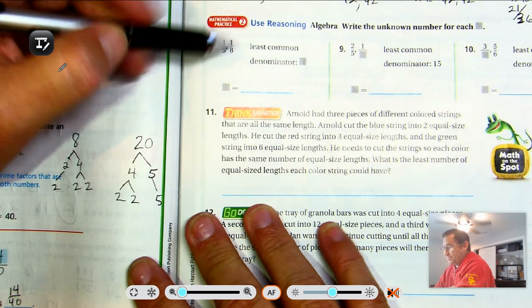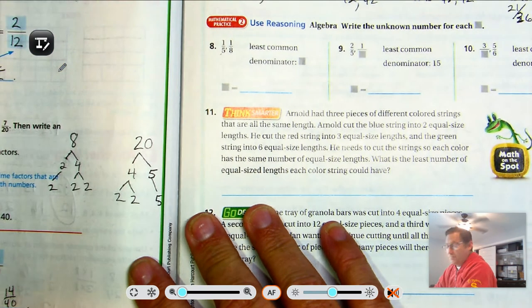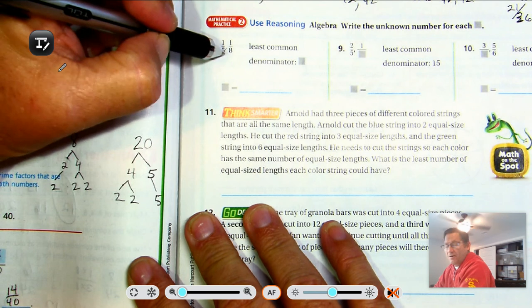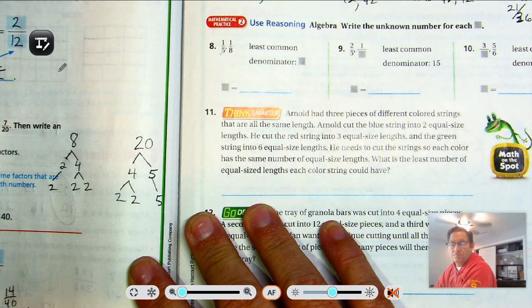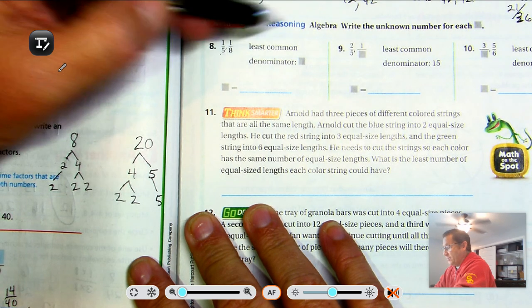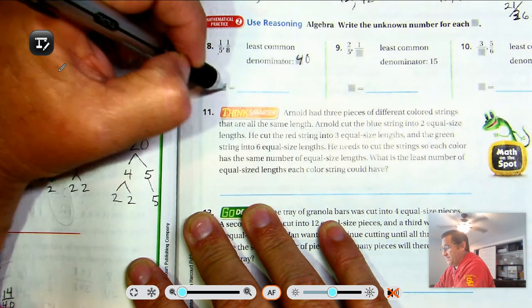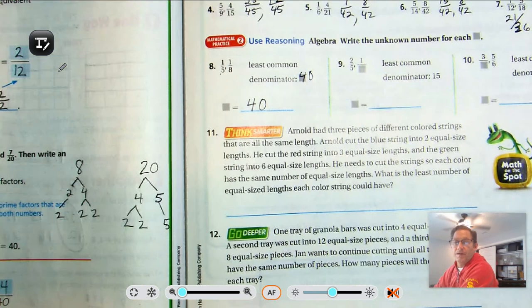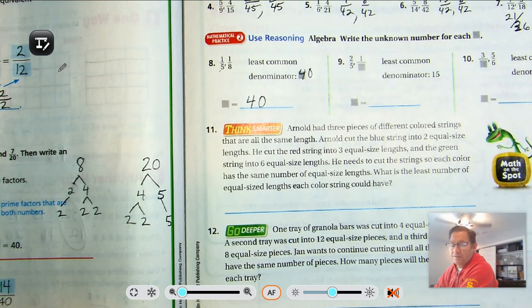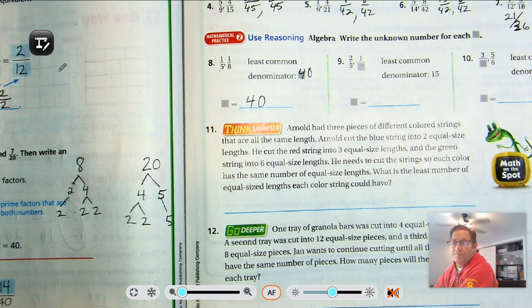Well, 5 is a prime factor, right? And the prime factors of 8 are 2 times 2 times 2. Well, that means I can just multiply those two together. 5 times 8 is 40. So the least common denominator of 1/5 and 1/8 is 40.